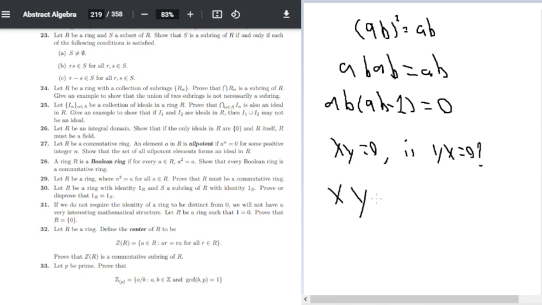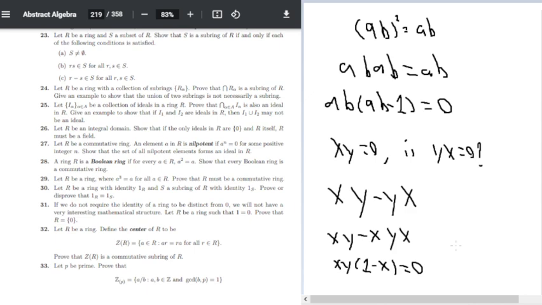xy minus yx. Multiply on the left-hand side by x to get xy minus xyx, which is xy(1 minus x), which is equal to 0.